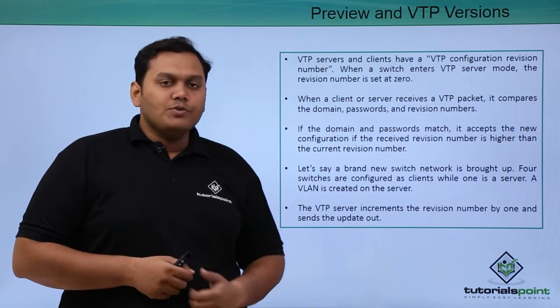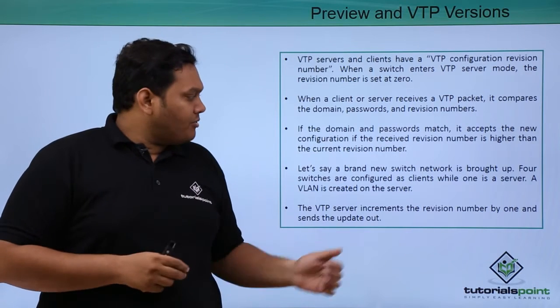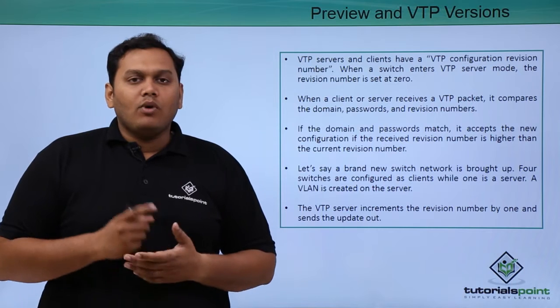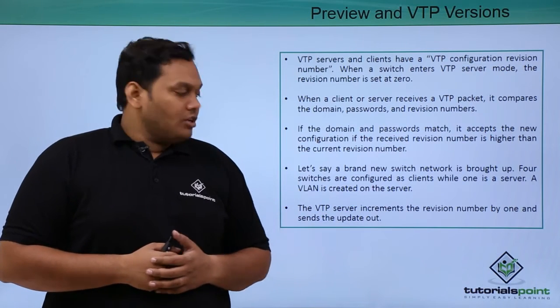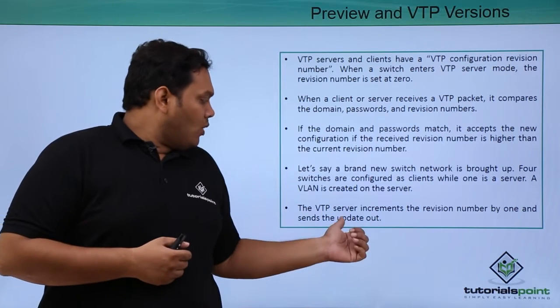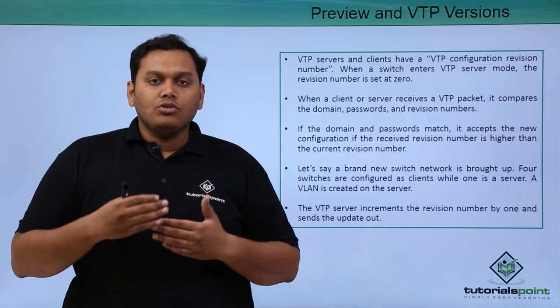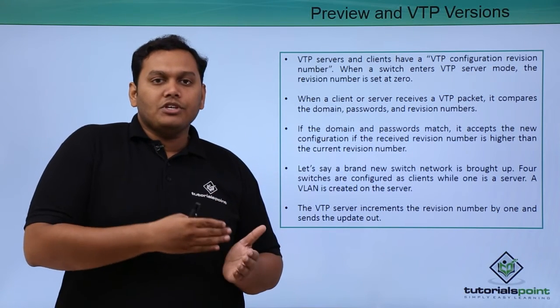Let's say a brand new network is brought up, and four switches are configured as clients while one is in server mode. A VLAN is created on the server. The VTP server increments the revision number by 1 and sends the update out, so the revision number goes from 0 to 1.